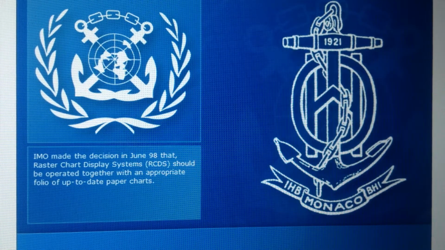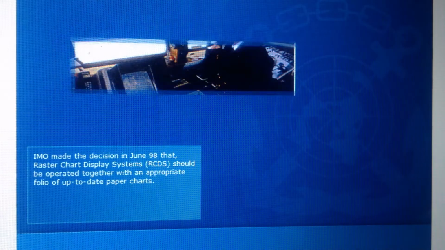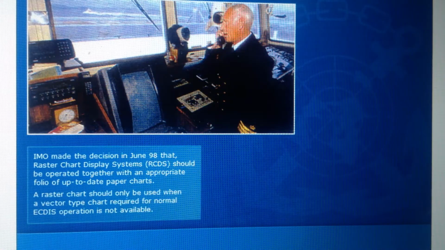The raster chart standard should form a part of the ECDIS performance standards where it would logically fit. A raster chart should only be used when a vector type chart required for normal ECDIS operation is not available.